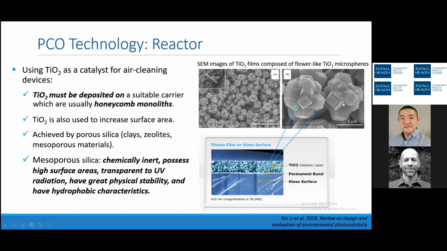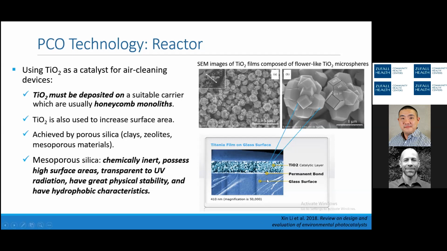We see by using the silica here, we get a much greater surface area in these compounds. And that basically makes them more reactive. So they're able to produce more superoxide anions and more hydroxyl radicals when irradiated by the same light intensity.